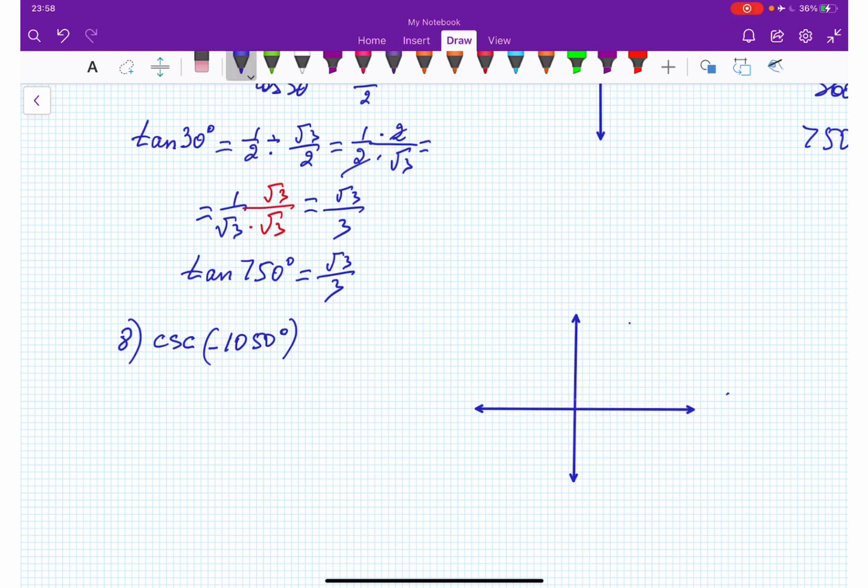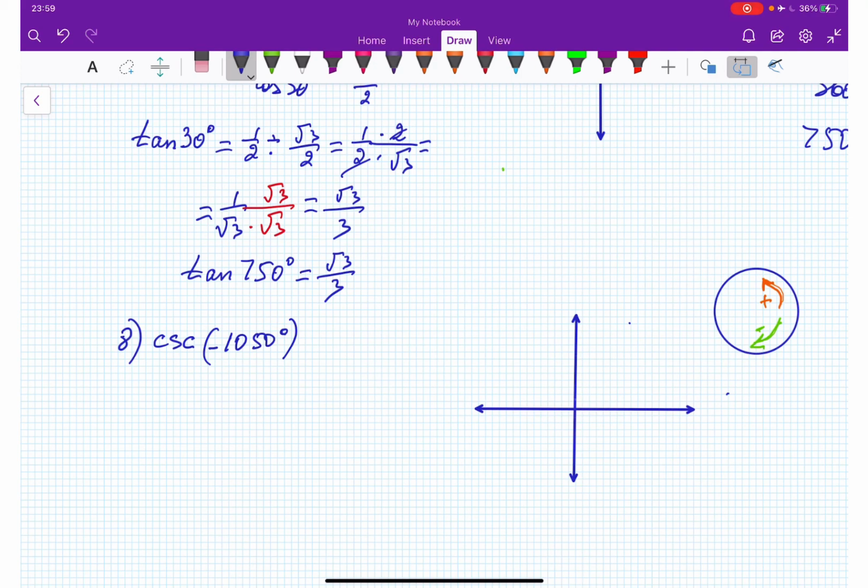So 1050, since it's negative, let me refresh your memory. This is our circle. So a positive angle goes counterclockwise, right? This is a positive angle, and a negative angle goes clockwise. Right? Okay. So in this case, we are going to go clockwise because it's negative.